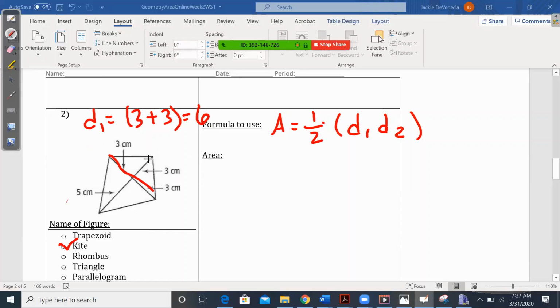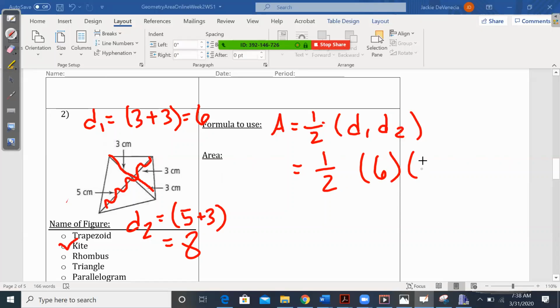And to find D2, we have 5 plus 3. Sometimes it will be broken up for you. So 5 plus 3, that's 8. Then I could start plugging it into my formula. So it's 1/2 times 6 times 8.